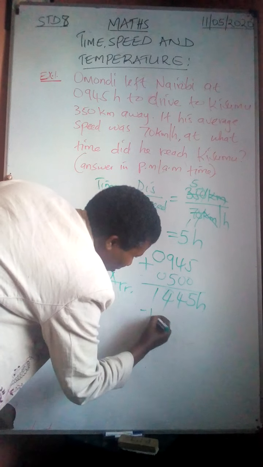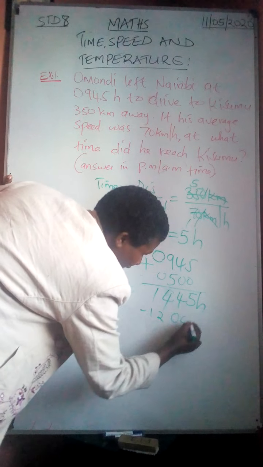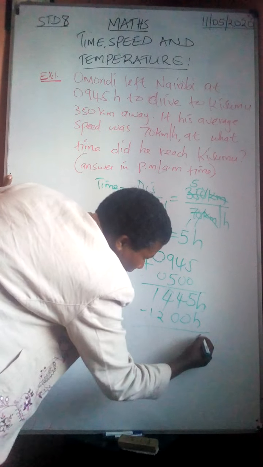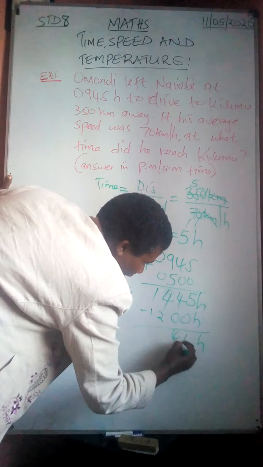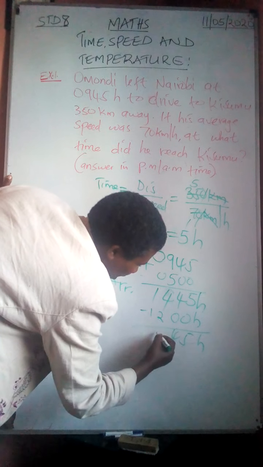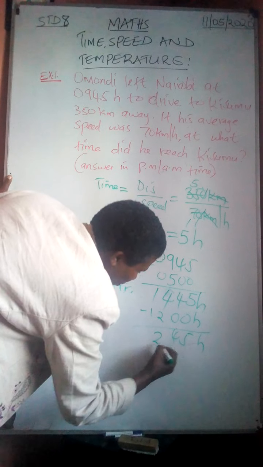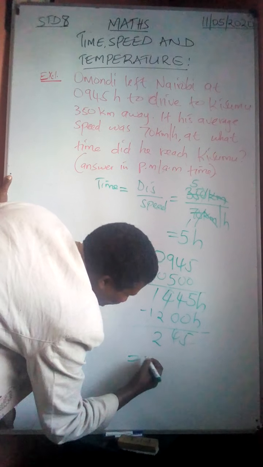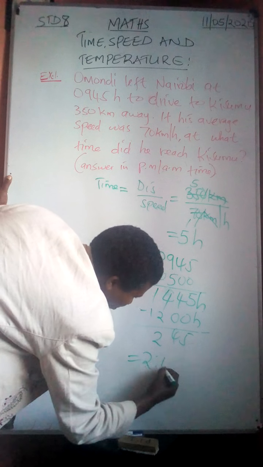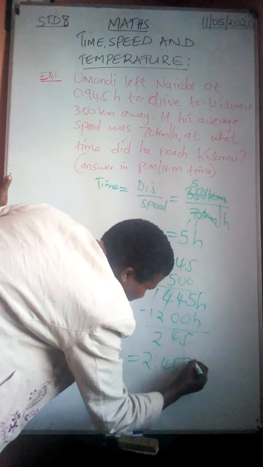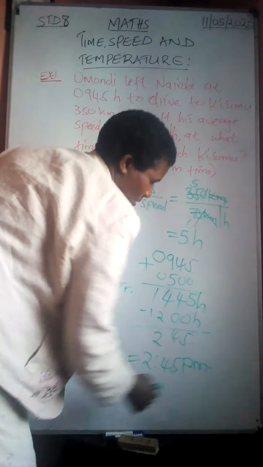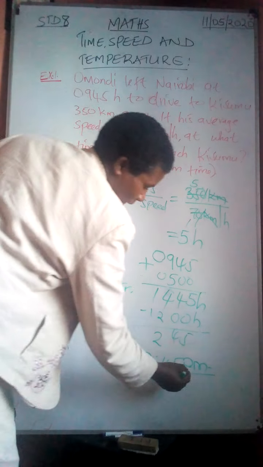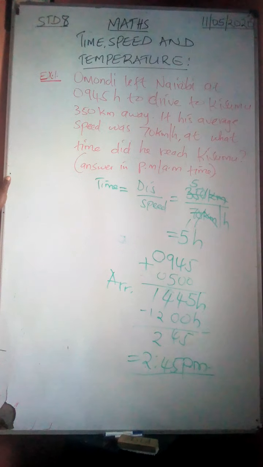So we take away 12 hours, and we have 45 minutes, and this is 2. So this person arrived in Kisumu at 2:45 p.m.